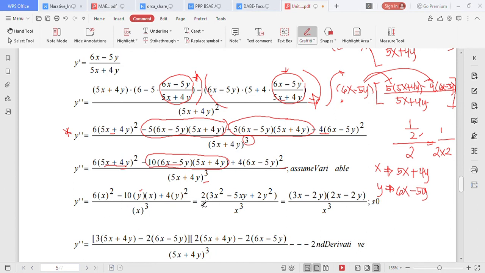We factor out 2, so it became 2 times (3x squared minus 5xy plus 2y squared), all over x cubed. Alright, so what's next? We factor out again.